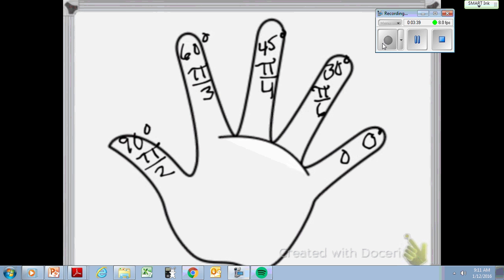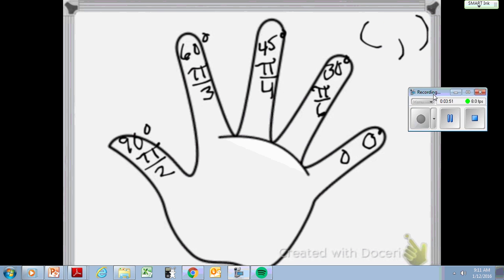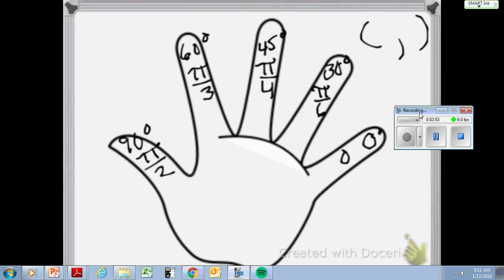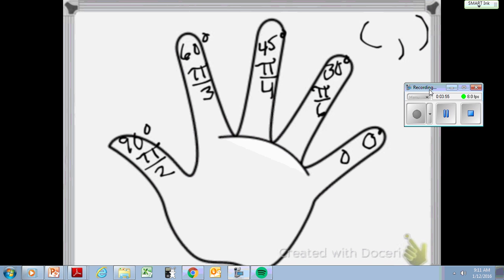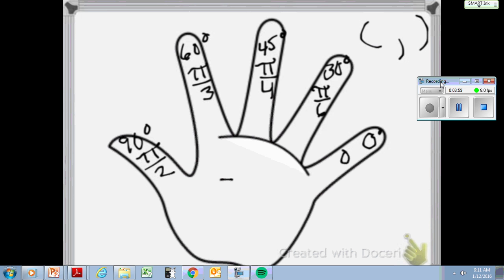So what will help you to memorize the coordinates of the left and the right hand side? When I'm talking about the coordinates, I'm talking about your ordered pair. Whatever number we get by putting down the finger of the degree we're looking at, we take that number of fingers and put it underneath the square root and divide it by 2, and that will give me my answer.